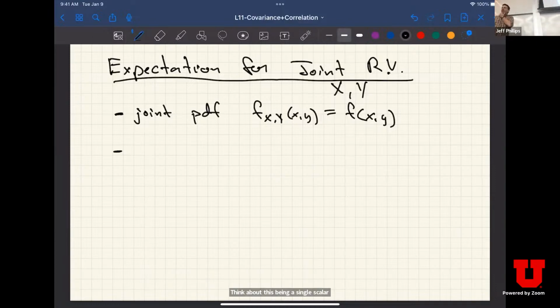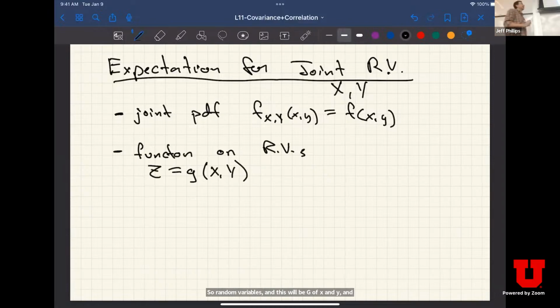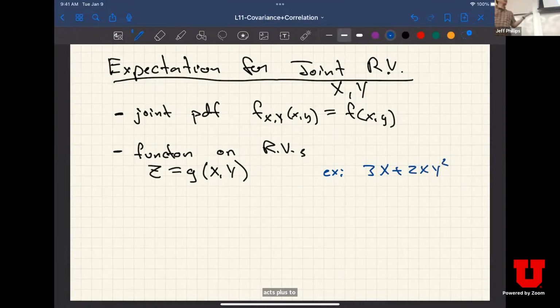When I have two random variables, I can take the expectation of X, I can take that of Y, but I often want to take it of a function that combines X and Y together, like X plus Y. So also a function on random variables, this will be g of x and y, and you can think of this as resulting in a new random variable Z. An example of this might be something like 3x plus 2xy squared.